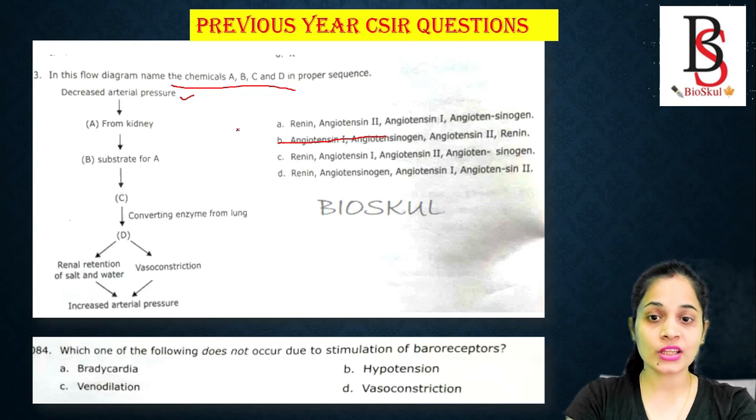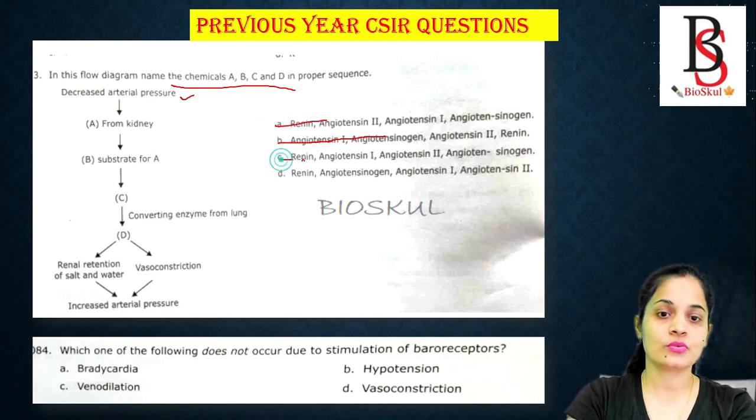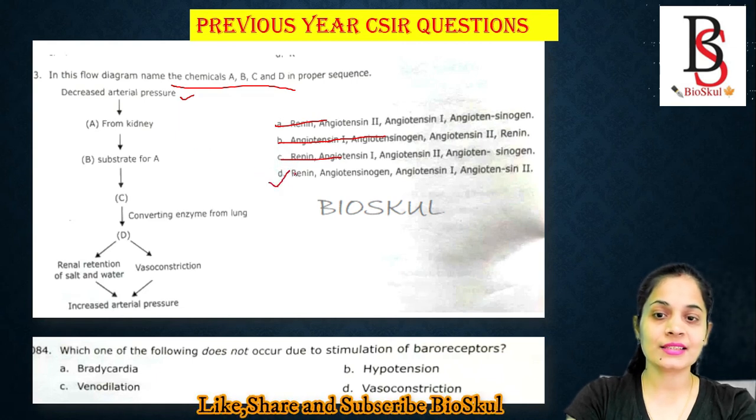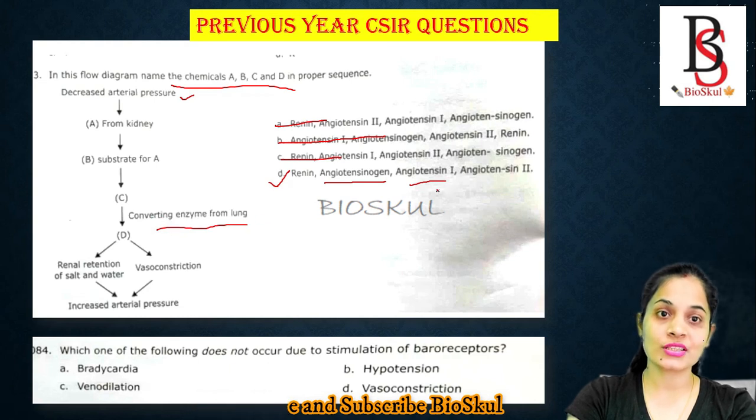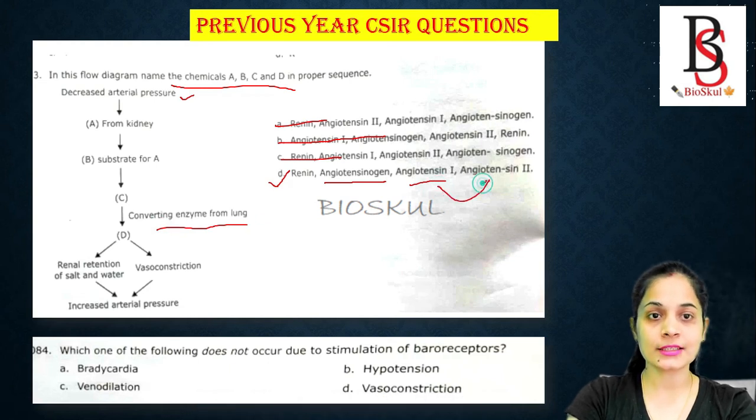Then the hormone renin will convert what? Angiotensinogen, right? So it's angiotensin. So these two are wrong and this one is the correct answer. Renin is secreted, then renin converts the angiotensinogen to angiotensin 1, then angiotensin converting enzyme, from the lung, converts the angiotensin 1 into angiotensin 2.